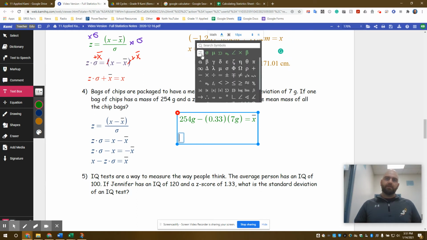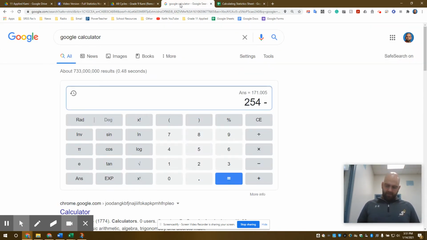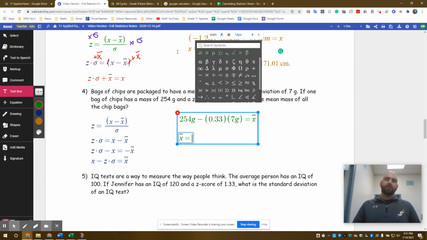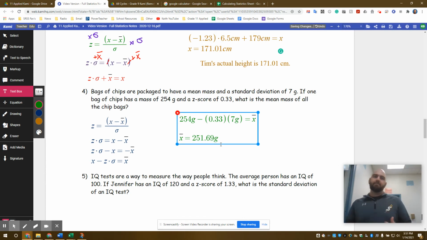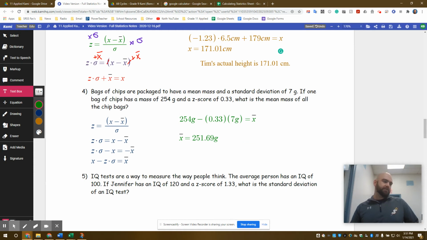When we solve for it, x bar is equal to 254 minus 0.33 times 7, and we get 251.69 grams. That would be our mean mass of all the bags of chips.